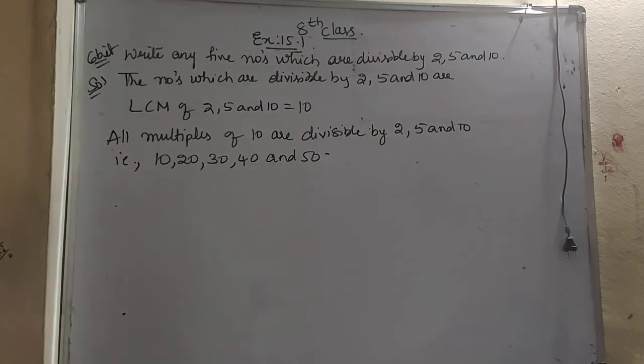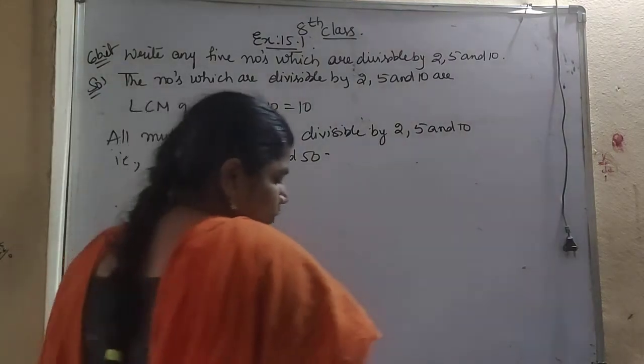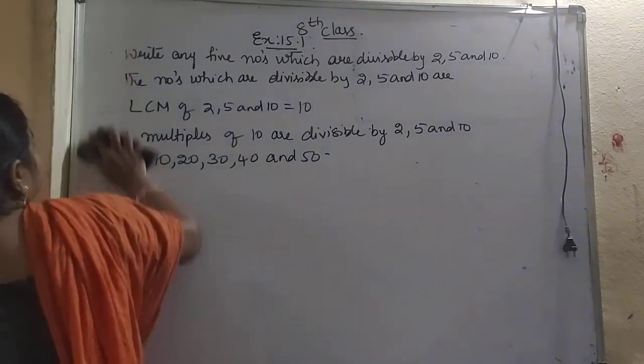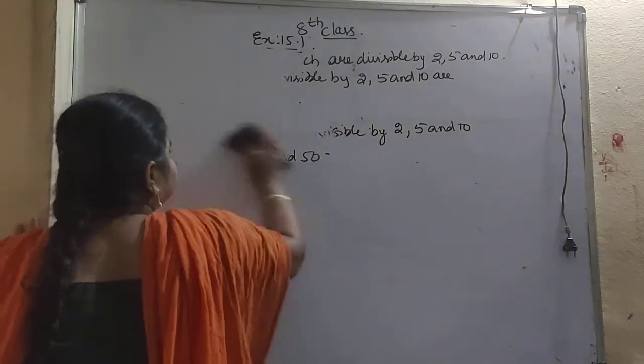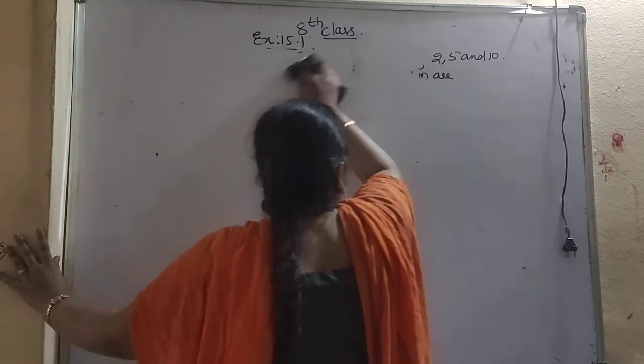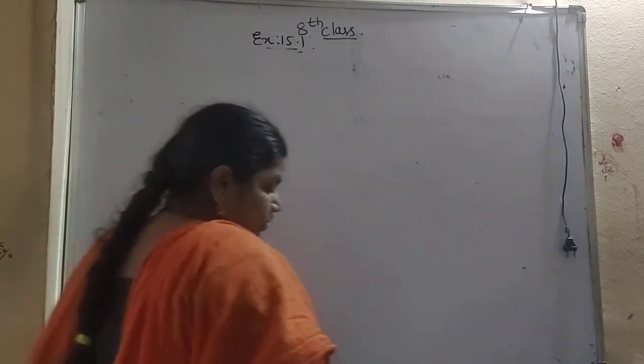So next one, 7th bit. This is the last bit in this exercise. So what is the question?